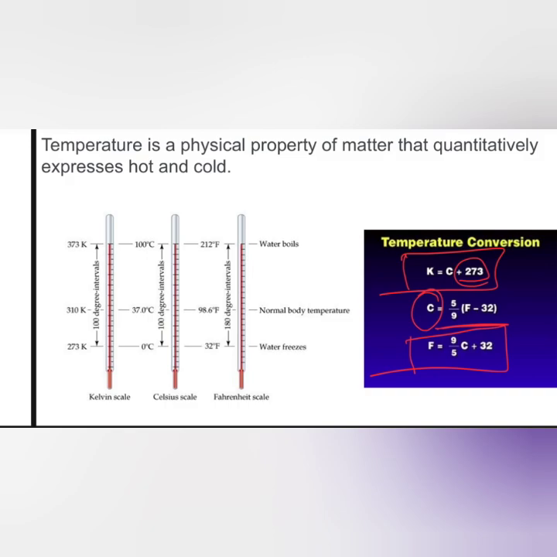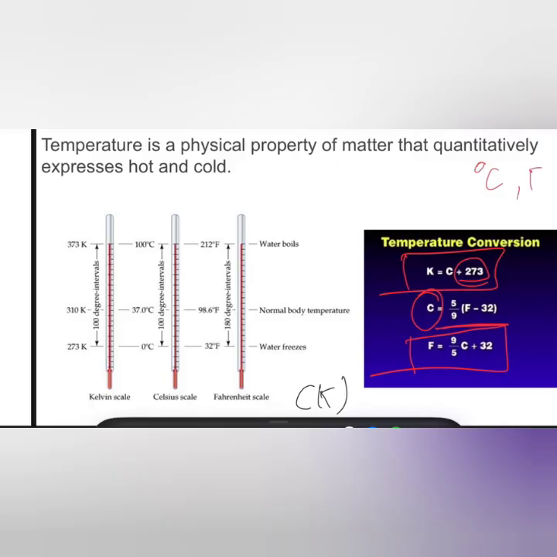The SI unit is the Kelvin, K. A common unit is Celsius, and another is Fahrenheit. Kelvin is equal to Celsius plus 273, and we can find the conversion this way. This may not be in your exam, but it is very important.